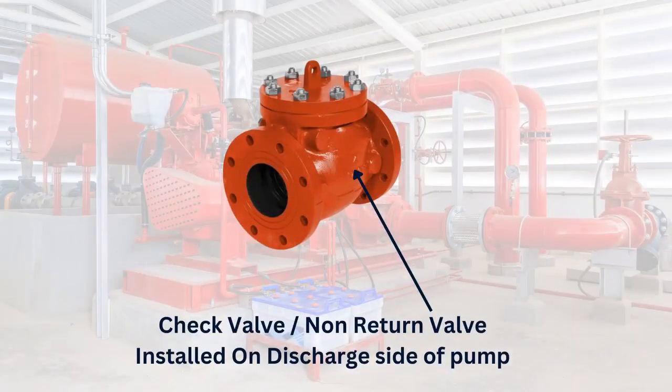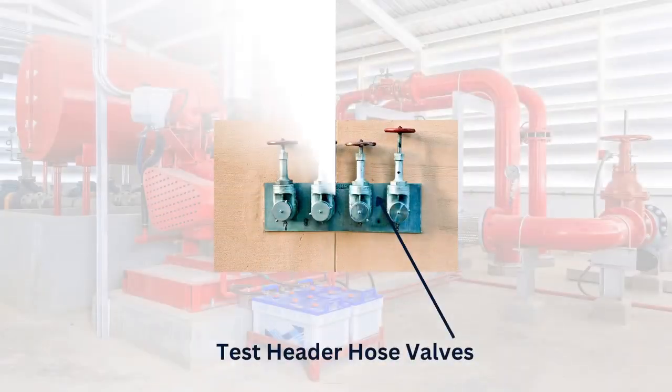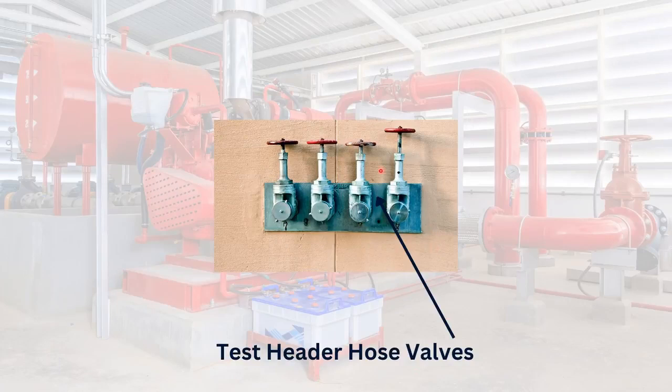The check valve is also a most important component, which will be installed on the discharge side of the pumps. So, test header hose valves. These are installed in the test line. I will explain this when we discuss the fire pump layout design in future slides.